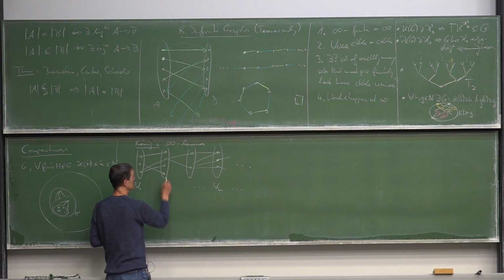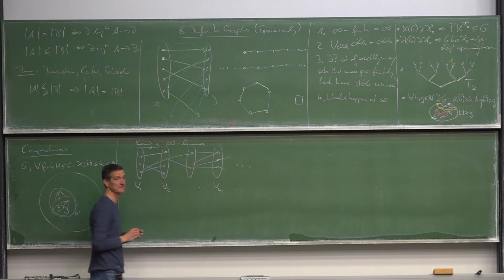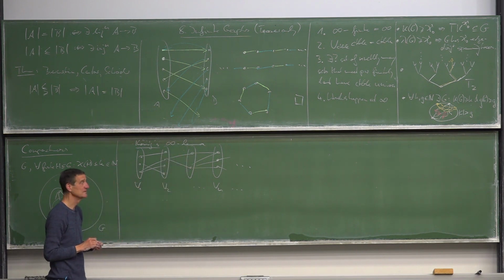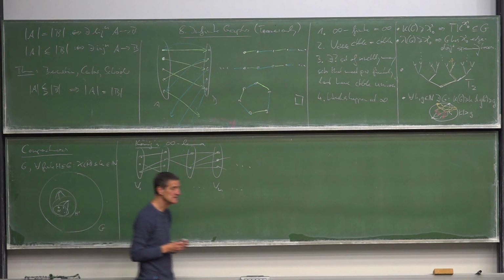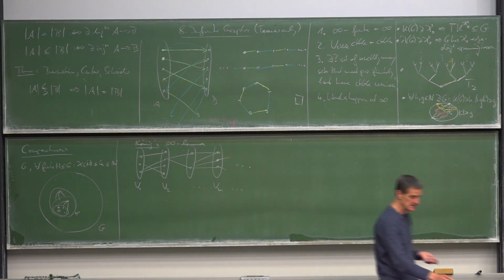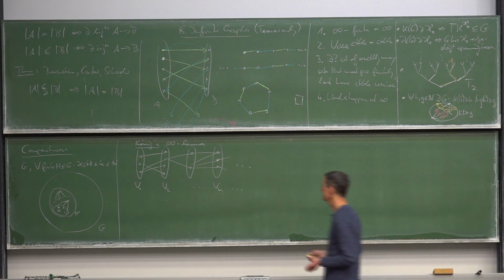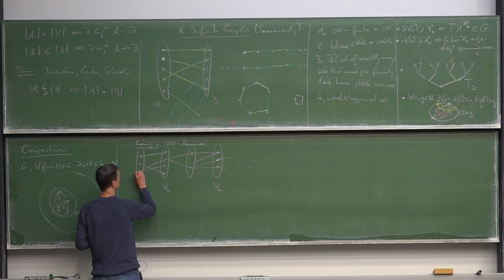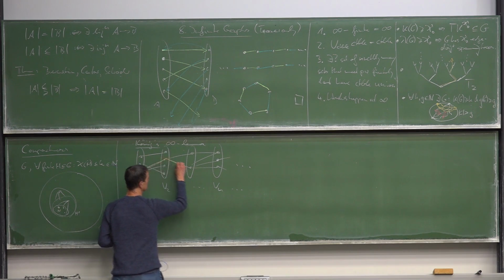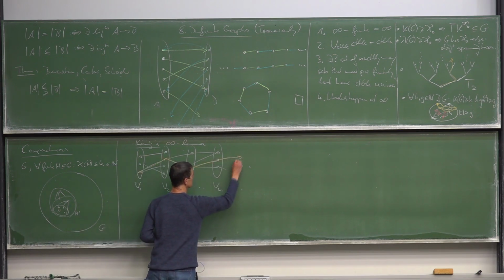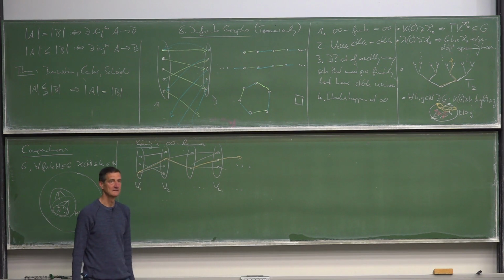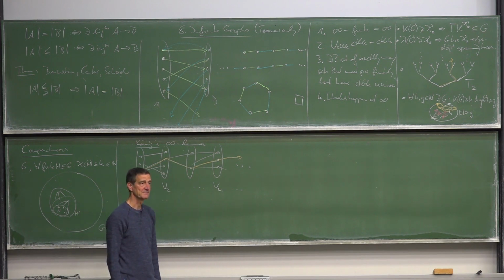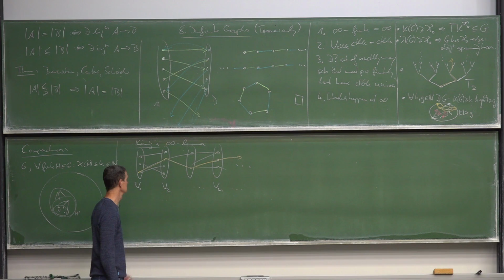So a vertex in Vn need not have a neighbor in Vn plus 1. Then there exists an infinite path through this graph that starts at V0.